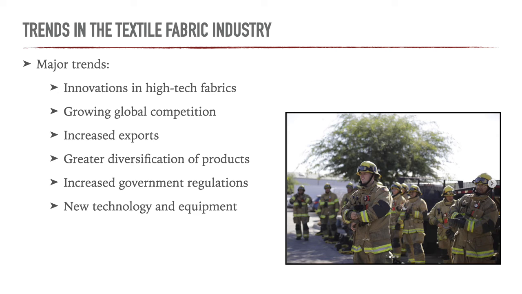Important government regulations include those issued by the Federal Trade Commission, or FTC. One of the regulations is care labels. As you've probably noticed, all of your clothing articles have a care label affixed to it.